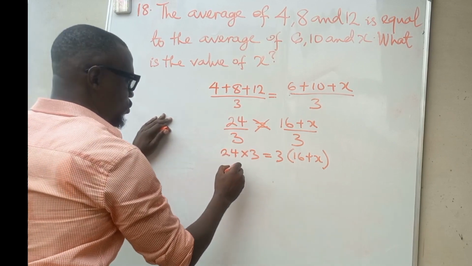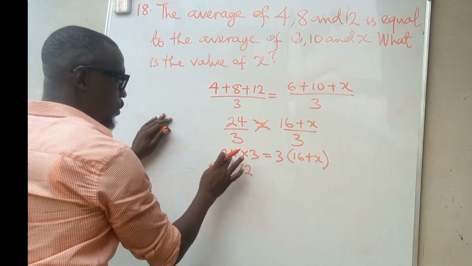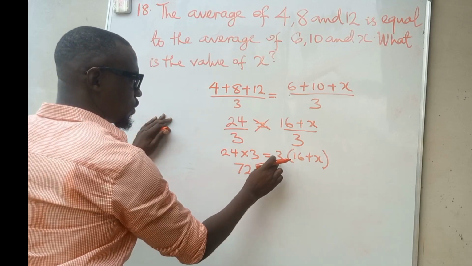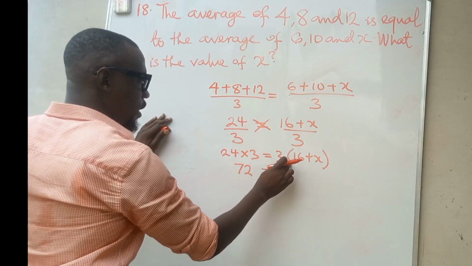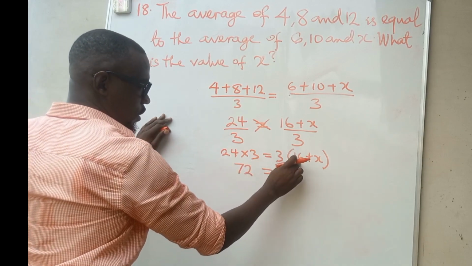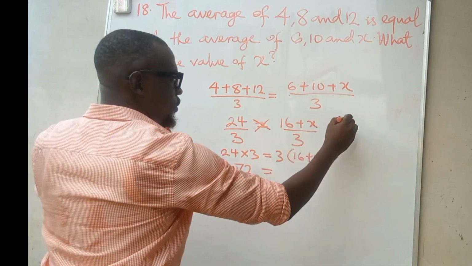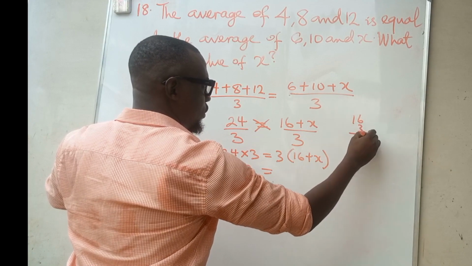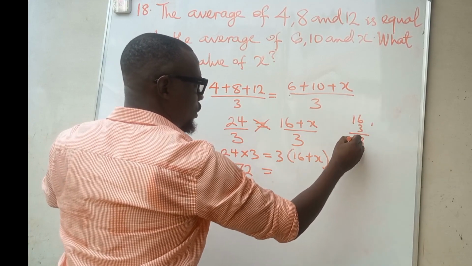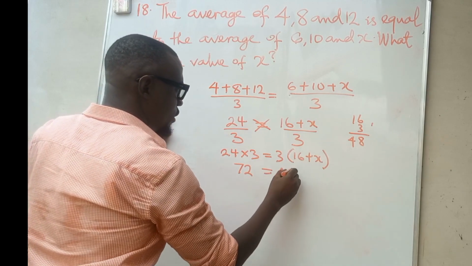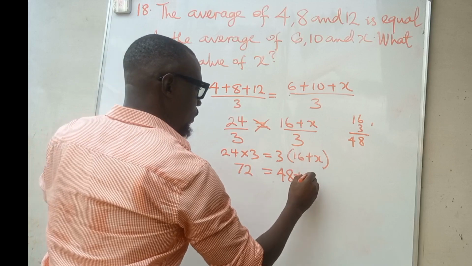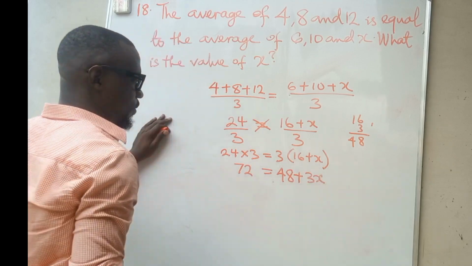Now 24 times 3 is 72, equal to 3 times 16, which is 48, plus 3x.